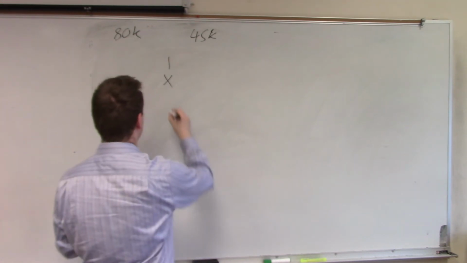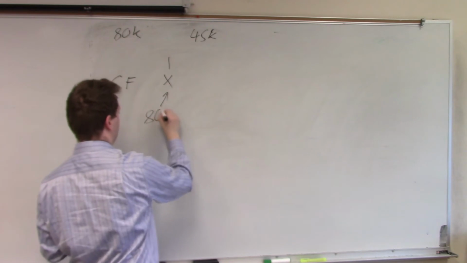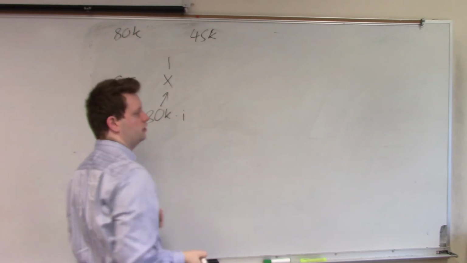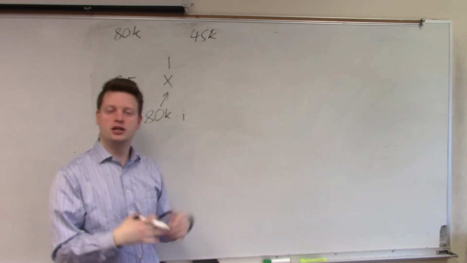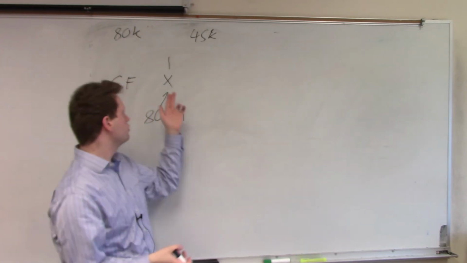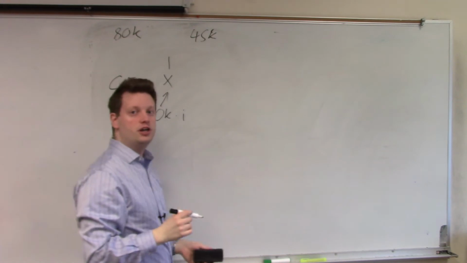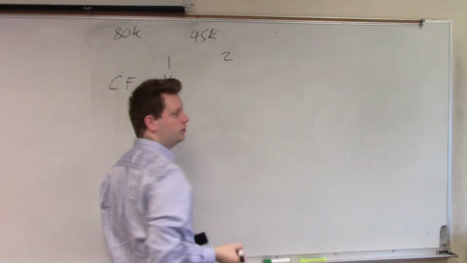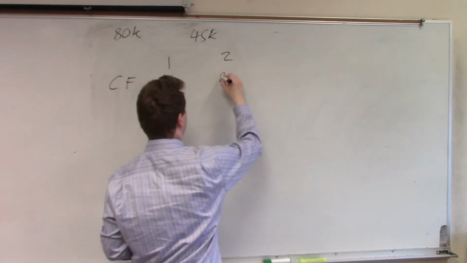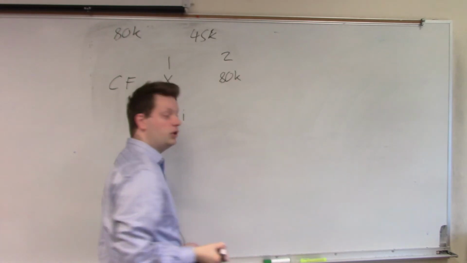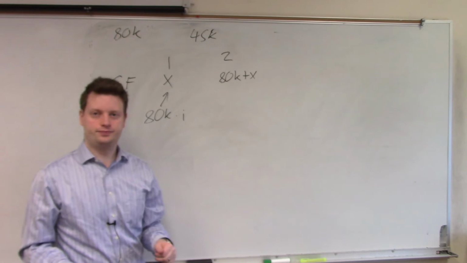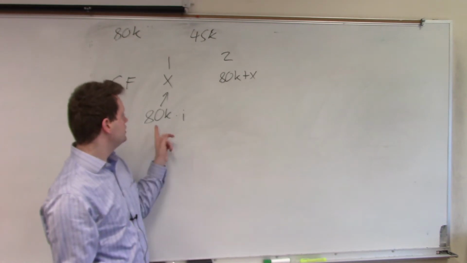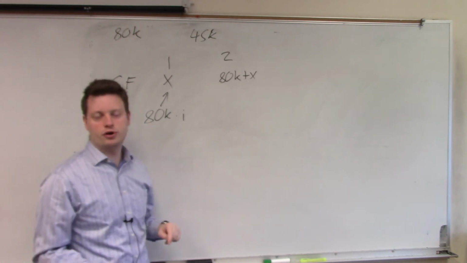So this is 80,000 times the interest rate. If the interest rate is 10%, this will be 8,000. If the interest rate is 5%, this will be 4,000. In period 2, I will need to pay back my loan, so 80K plus interest, so another X. And that's again 80,000 times the market interest rate.